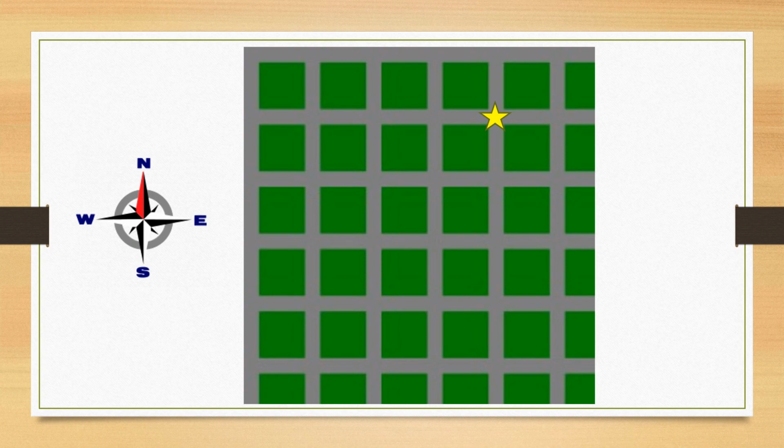Then go south 3 blocks. Then go east 2 blocks and north 1 block. All right? You should end up right here. Okay? Right there.